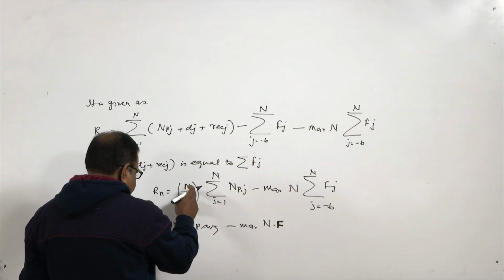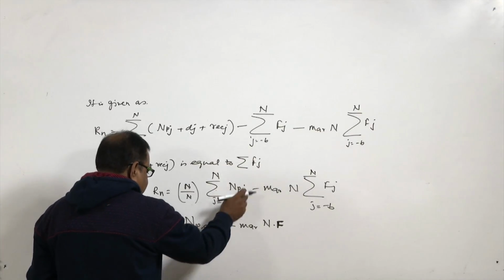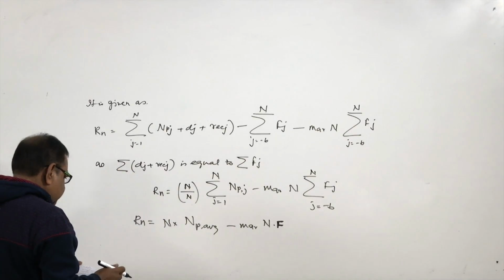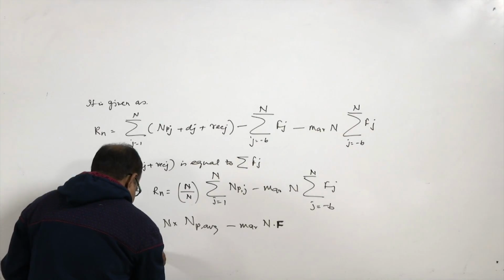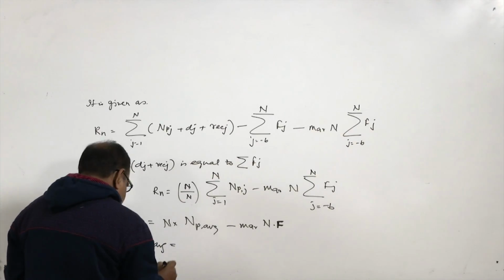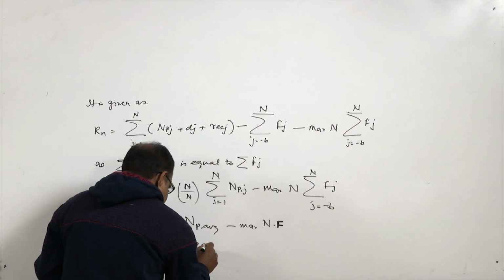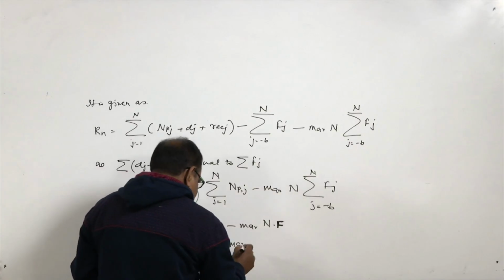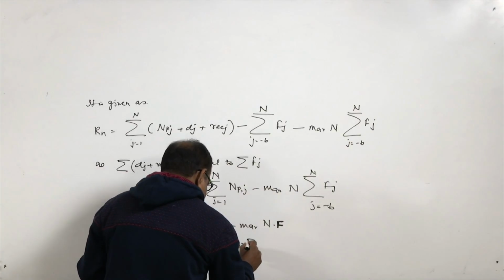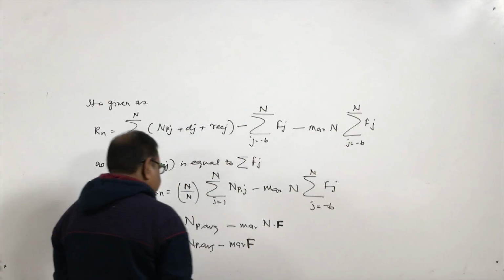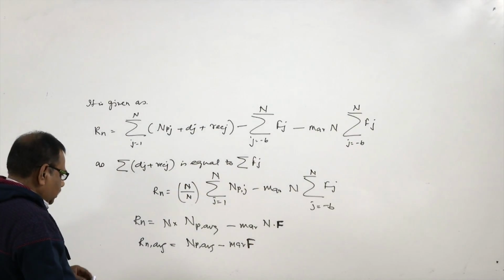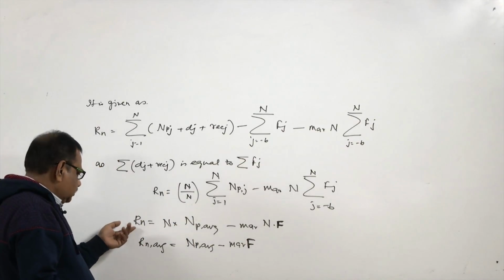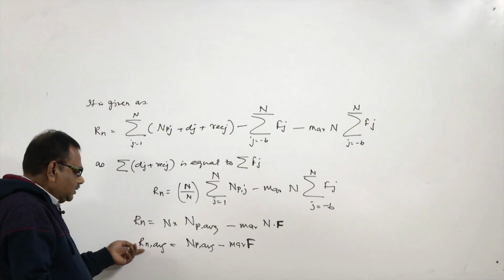Now, this n is this, and 1 by n into this is NP average, or you can write Rn average is equal to NP average minus MAR into F. This is capital F, bold F. If I take n common and divide this, Rn divided by n becomes Rn average.